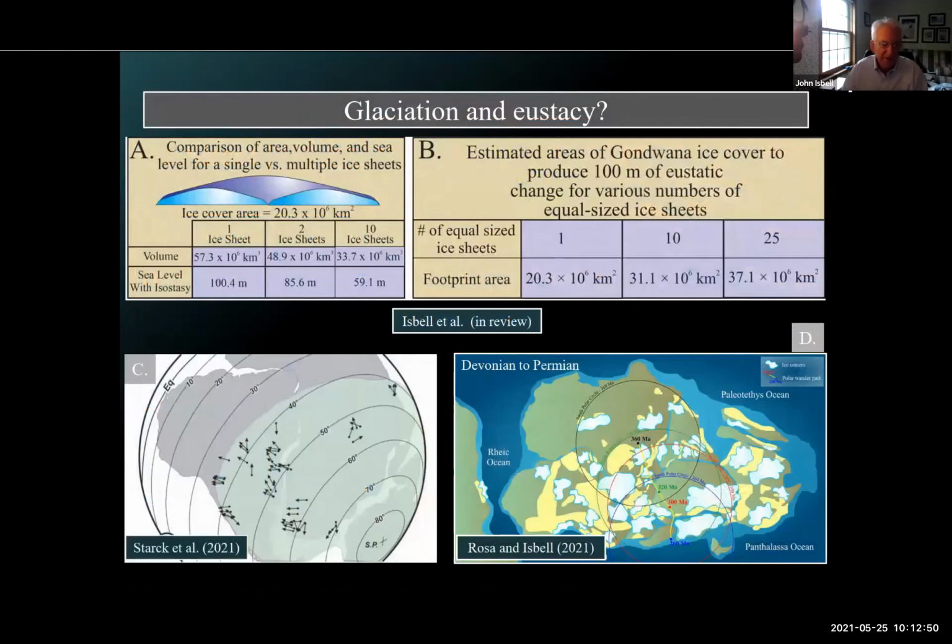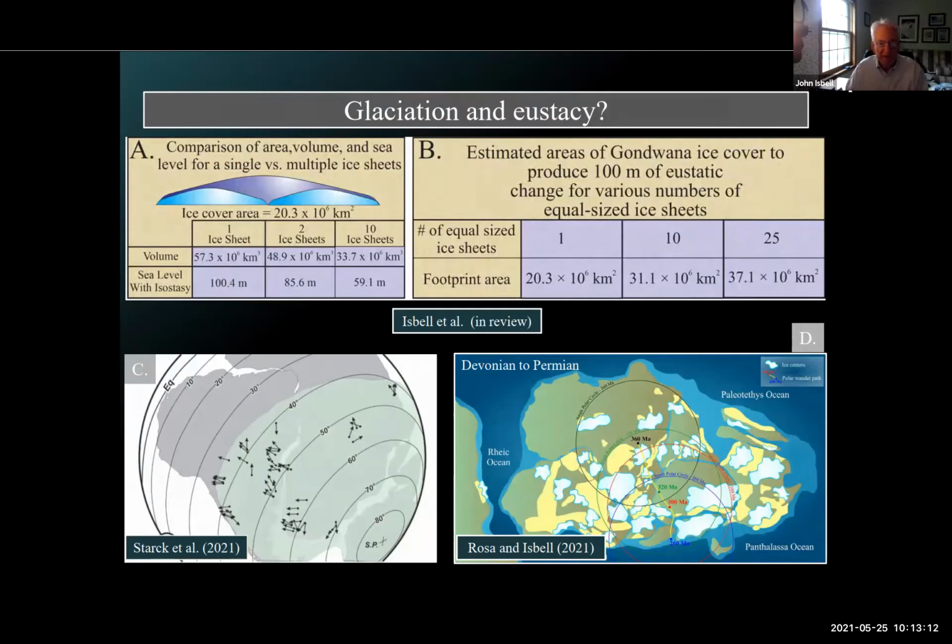Okay, that's if it's a single ice sheet, but the evidence suggests that it's really multiple ice sheets, maybe up to 25 or more different ice sheets depending on the time frame. And as you divide ice that has this particular footprint into multiple ice sheets, you start losing ice volume.